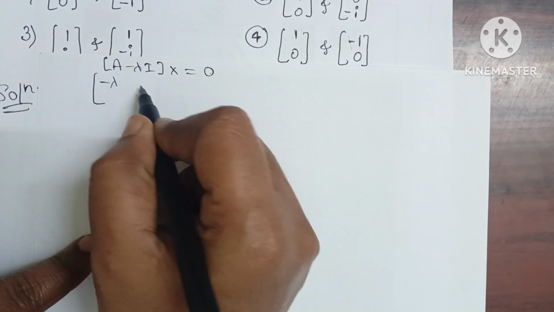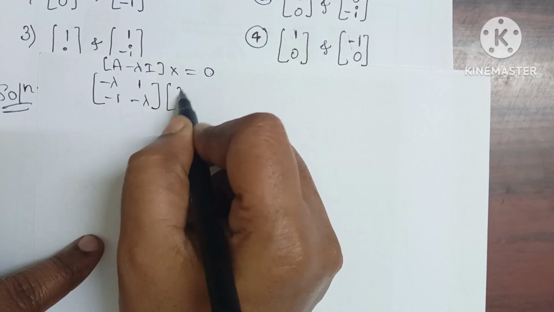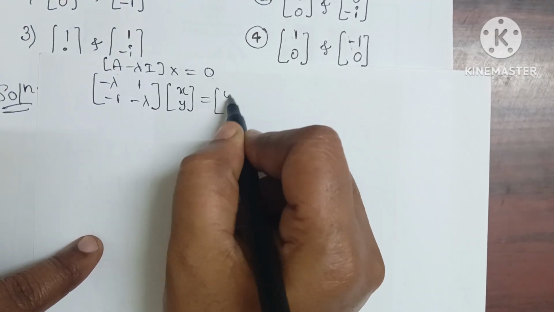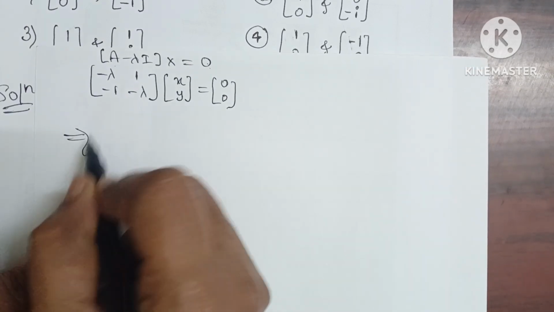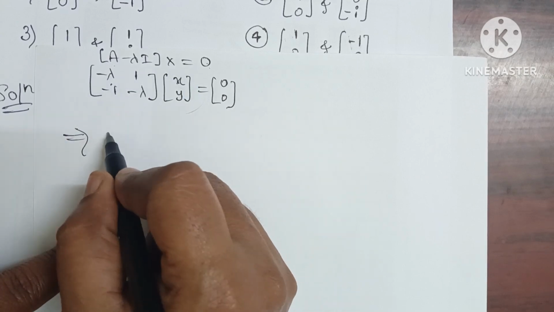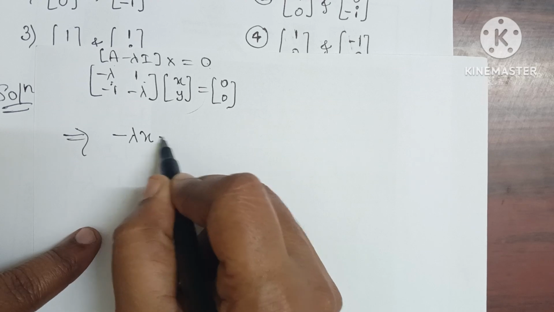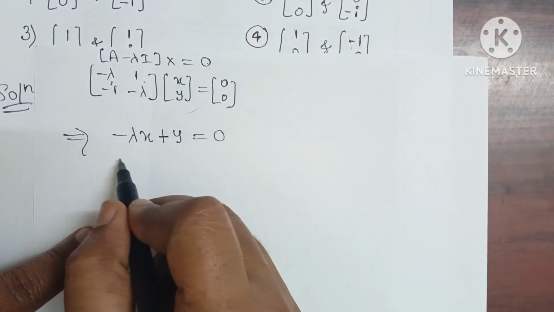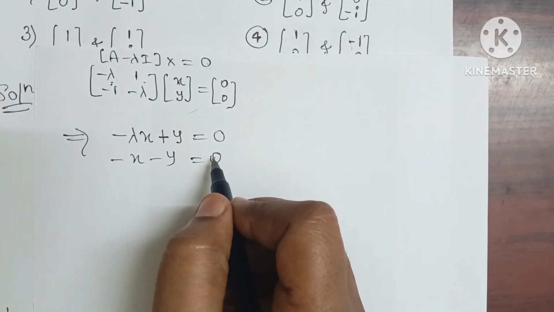That is, minus lambda, 1, minus 1, minus lambda, into x, y equals our 0 matrix. Now multiplying these two matrices, first row into first column: minus lambda x plus 1 into y equals 0, and the second one is minus x minus lambda y equals 0.